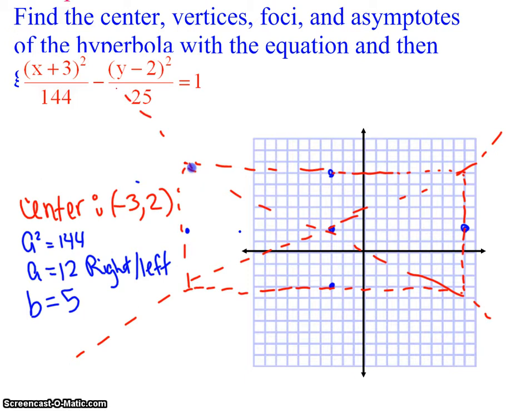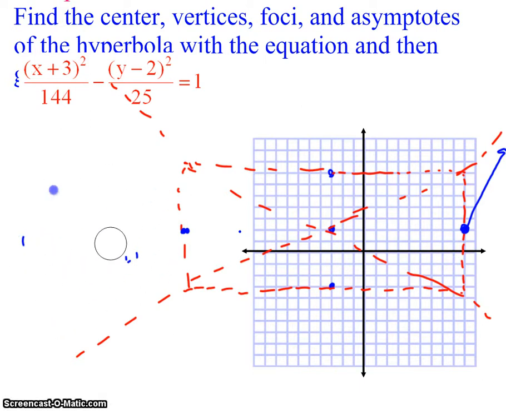Then, remember, this is a sideways parabola. At the blue points here, which was your A, those are your vertices. So just do a sort of like a sideways parabola.